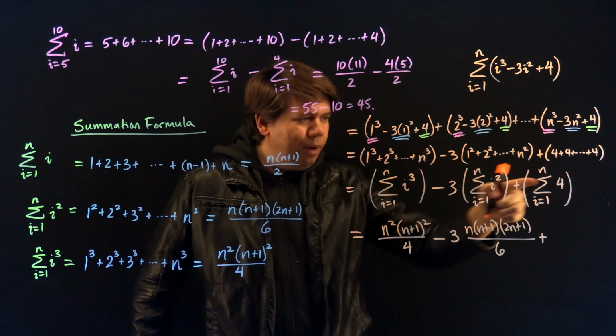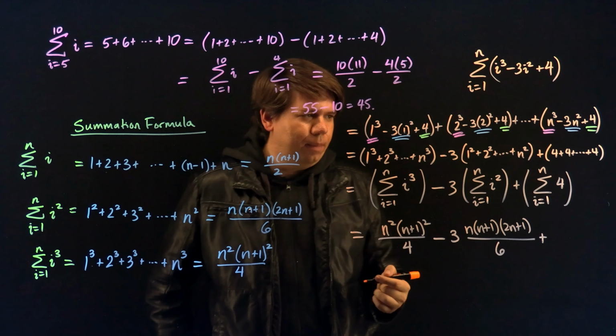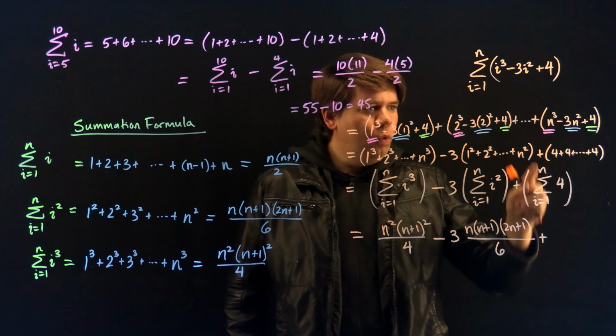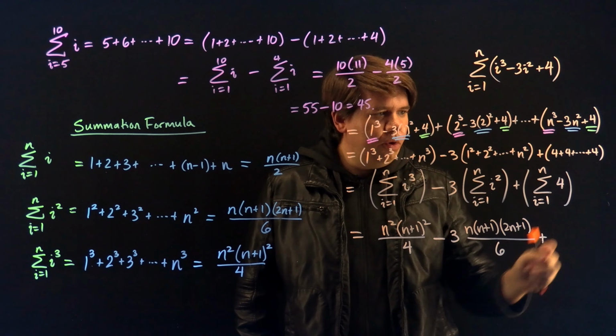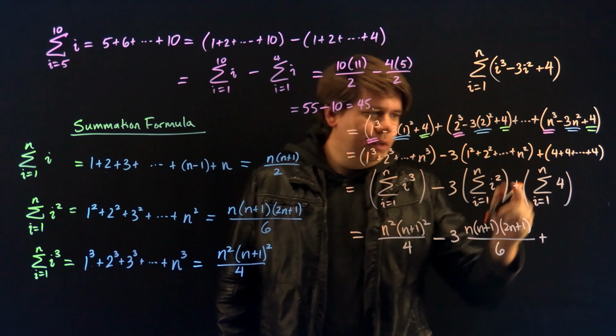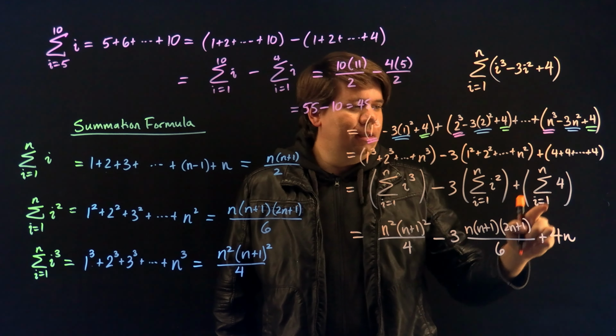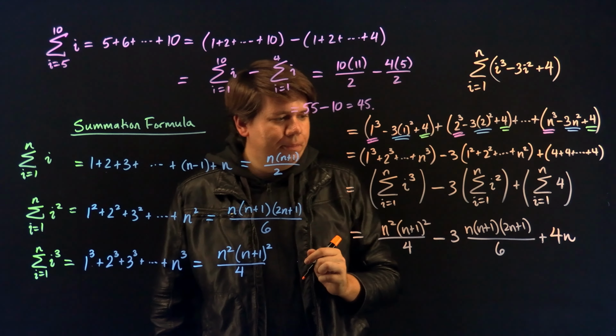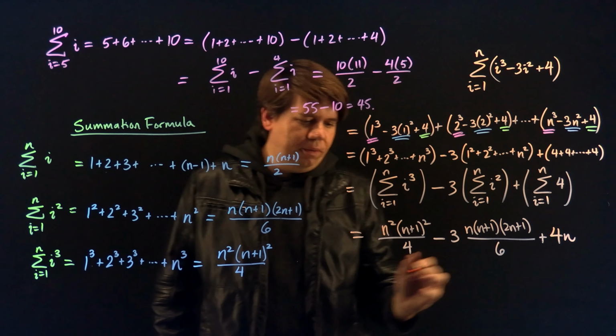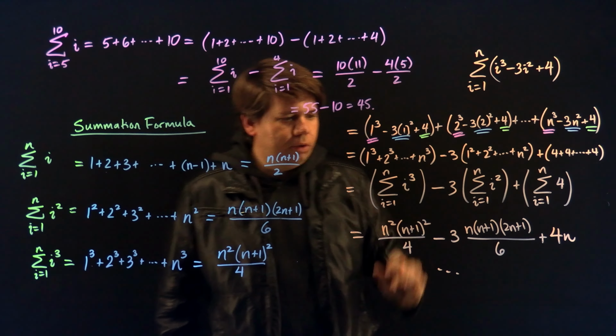Plus, well, we don't have a formula for this one, but let's think about it a little bit. What is 4 plus 4 plus 4 plus 4 where there are n copies of 4? Well, that would just be 4 times n. In general, whenever this is a constant, it's just that constant times n.